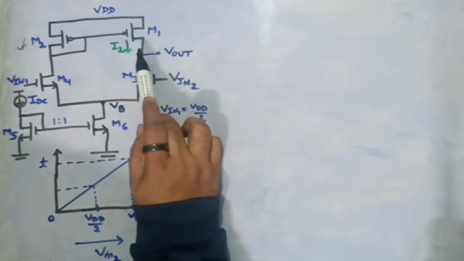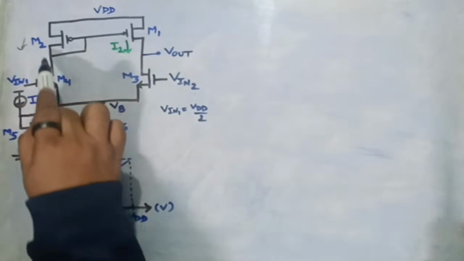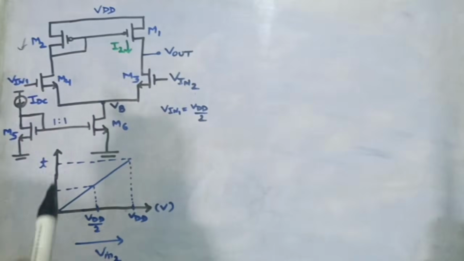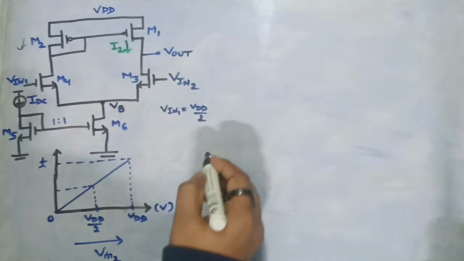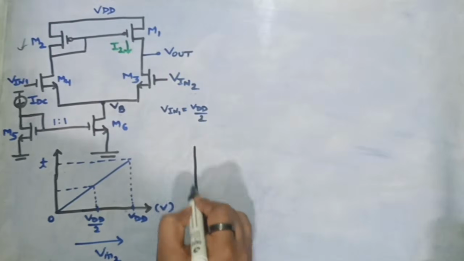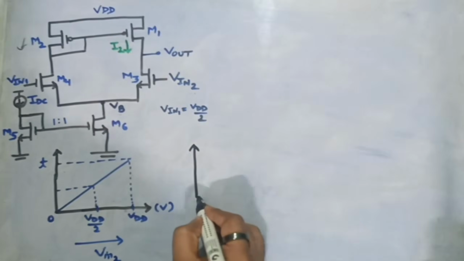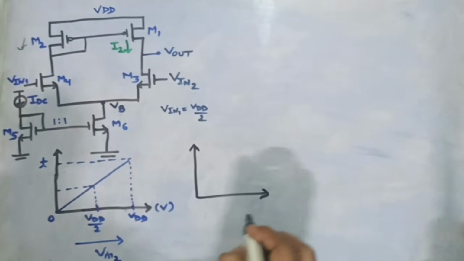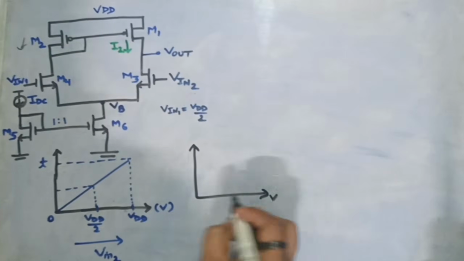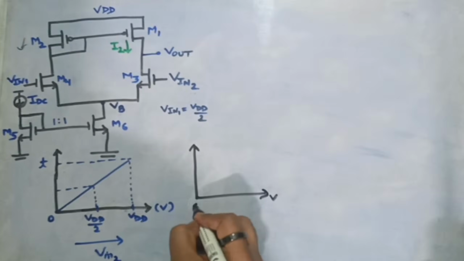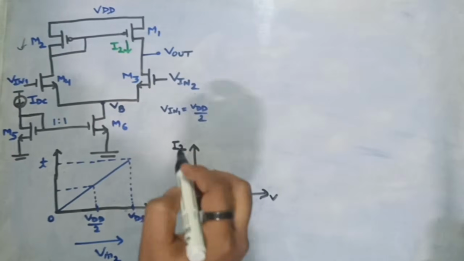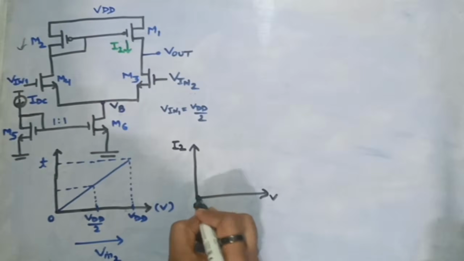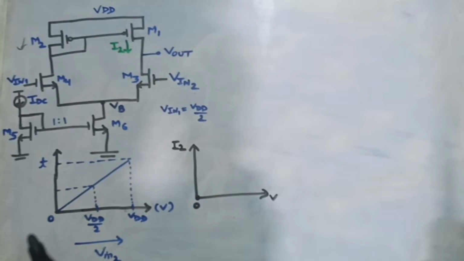So there won't be any current in I2, but from M2 to M4 to M6, there will be a current, and the value of that current will be equal to IDC. So if I try to plot the waveform of I2 with respect to varying voltage of Vin2, when input is 0, my current I2 will also be 0. This is the first observation which we have.